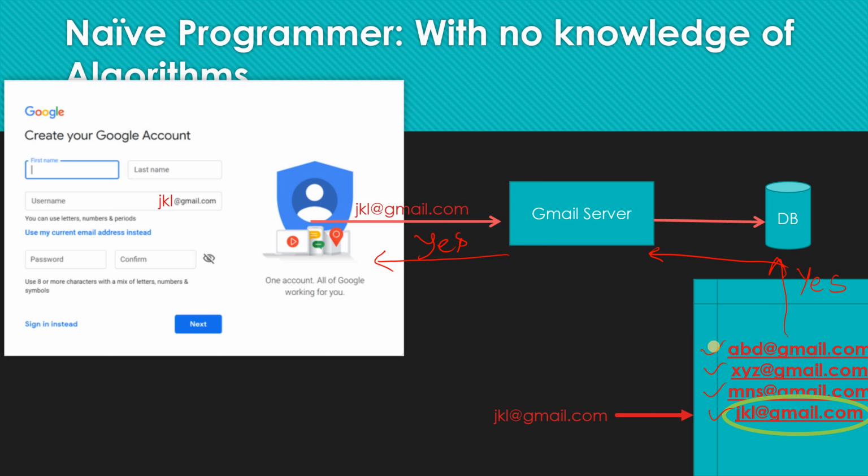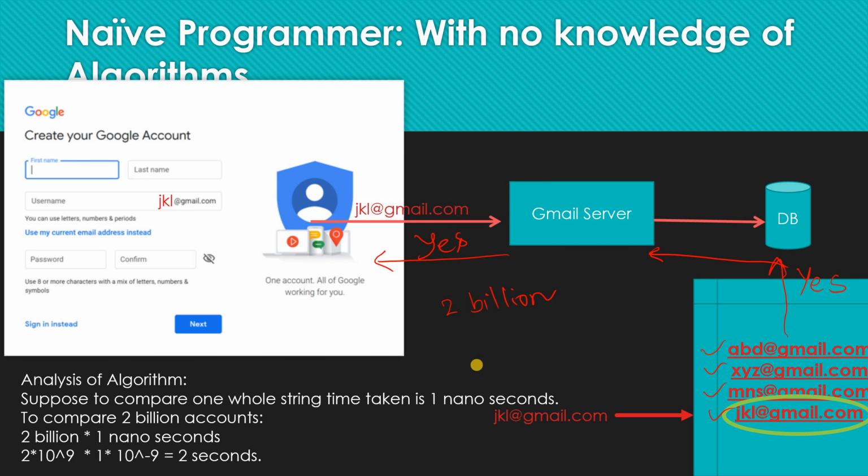So in case of Google, where we have 2 billion accounts, if we go according to this algorithm, we have to do around 2 billion into 1 nanosecond, and this 1 nanosecond is the time taken when we compare this with this or this, right? To compare two strings, suppose it takes 1 nanosecond.